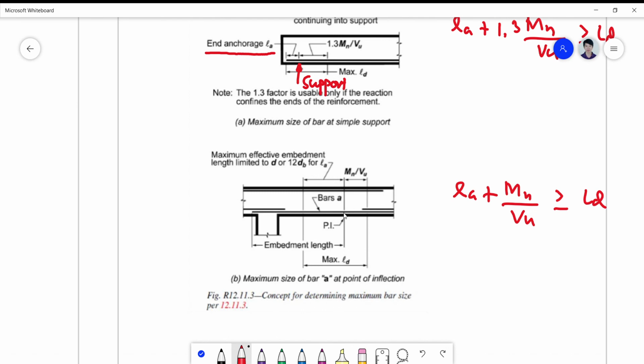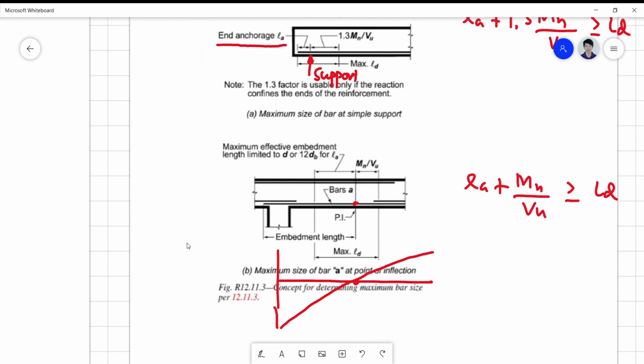Okay, so where's the point of inflection? If this is the moment diagram, so if this is the point of inflection, this must be your moment diagram. So at the point of inflection, left to right, you have to check on La plus Mn over Vu greater than or equal to Ld. Okay, so that's just an additional check.